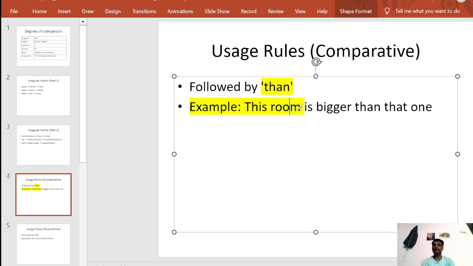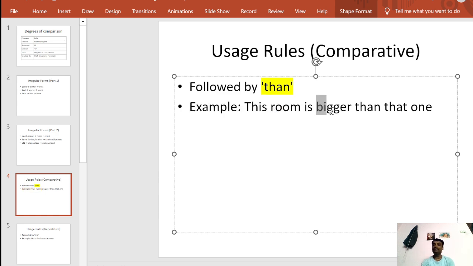You can see the example: the room is bigger than that one. So that one other room has been compared here with the other room. Now this room is bigger than the other room, as we can see on your screen.